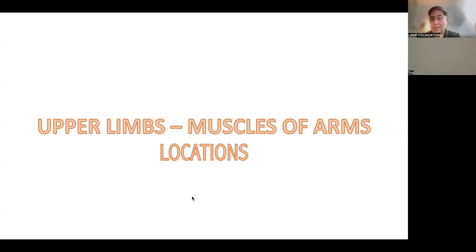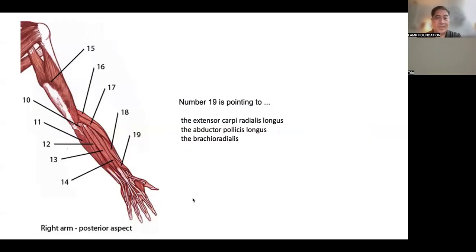We now take up upper limbs, specifically the muscles of the arms. Okay, let's describe number 19. This is pointing to the abductor pollicis longus.